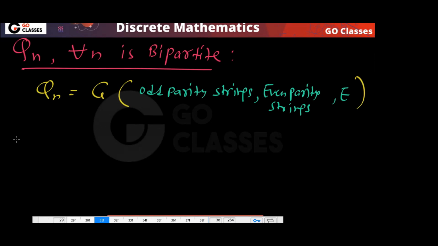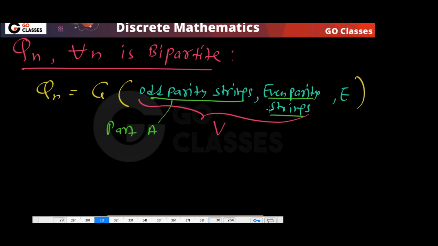So I can say this whole thing is the partition of the vertex set. This is part A, this is part B. So you have two parts, part A and part B. And you can notice that this is the bipartition of a Qn.